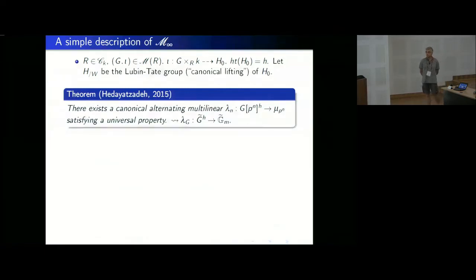When h is 2, this G of height 2 is simply the p-divisible group, or at least over F_p bar, it is the p-divisible group of a supersingular elliptic curve, and maybe liftings of it are p-divisible groups of liftings of supersingular elliptic curves, and then this lambda_n, in the case that h is 2, is the Weil pairing. But in general, it's not a bilinear pairing. It's like a determinant. It's a multilinear pairing.